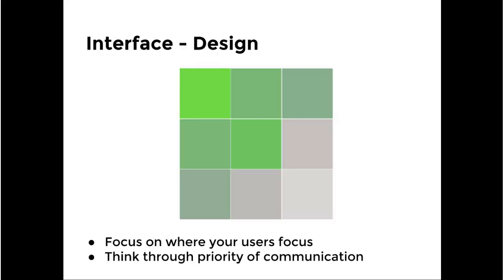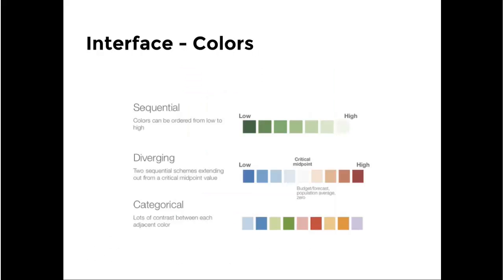Color is another good way to communicate things, so you can convey things sequentially by using different shades of the same color. In this example, moving from low to high, you can use two different colors to show how metrics may be diverging from a critical neutral midpoint. Things that are red are much higher than the midpoint, and things that are blue are much lower than the midpoint.